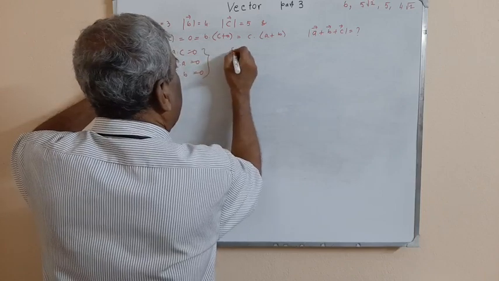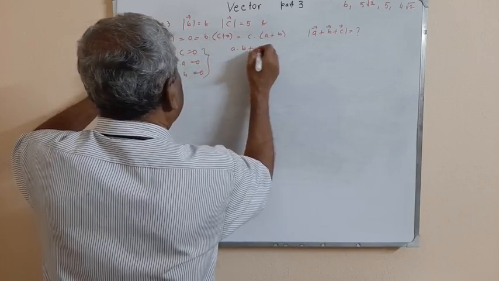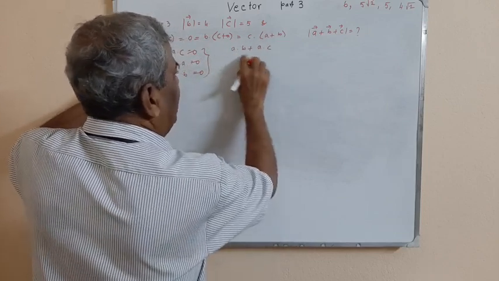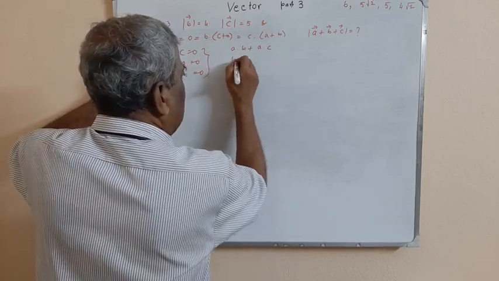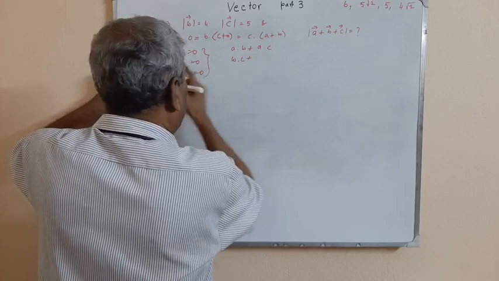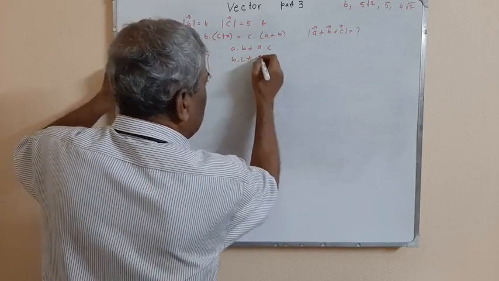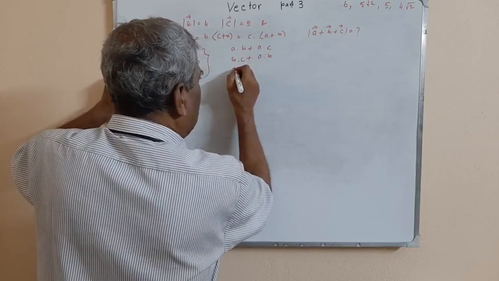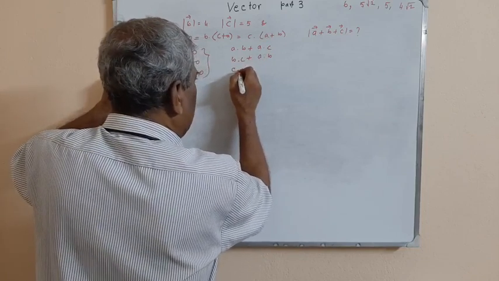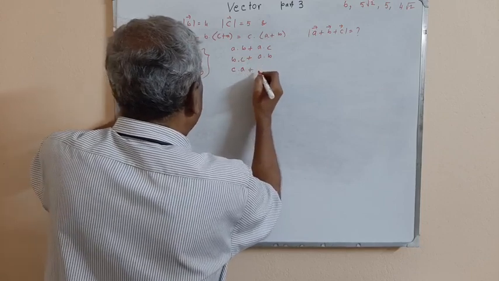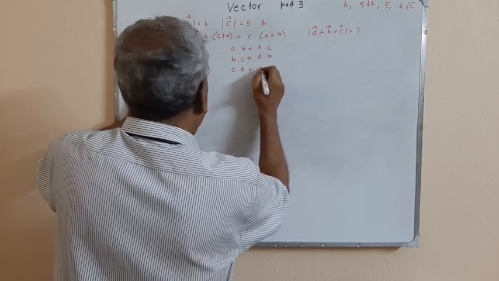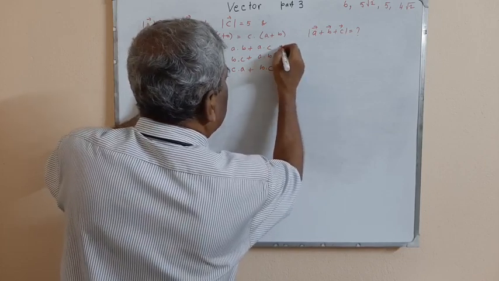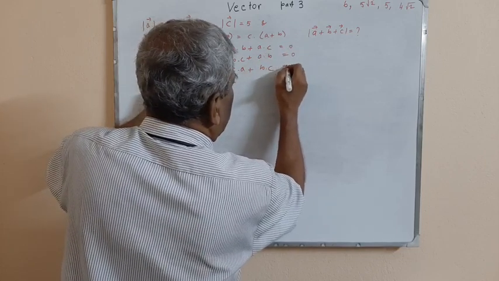B dot A is nothing but A dot B, and C dot B means B dot C.